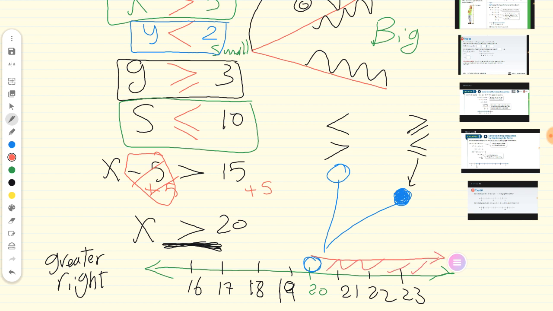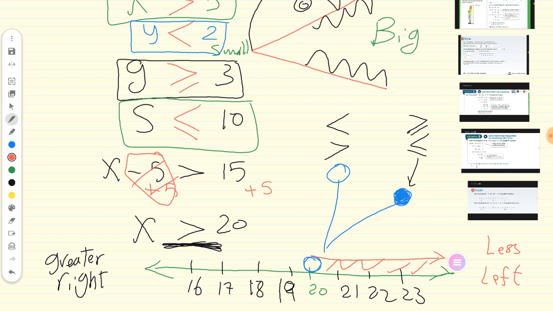And less than, less is to the left. Less, left. Remember it this way. So if the variable is less than, we'll go to the left-hand side. If the variable is greater than, we'll go to the right-hand side. Okay? This is how to solve an inequality.